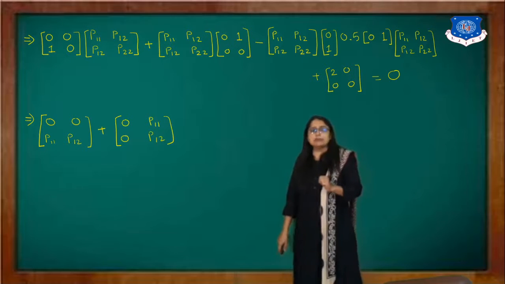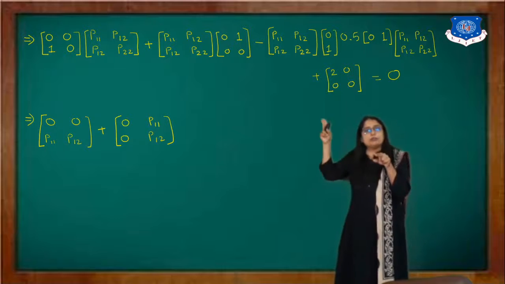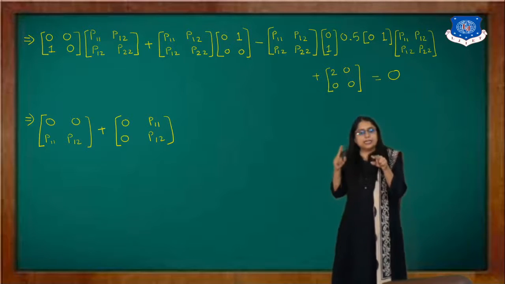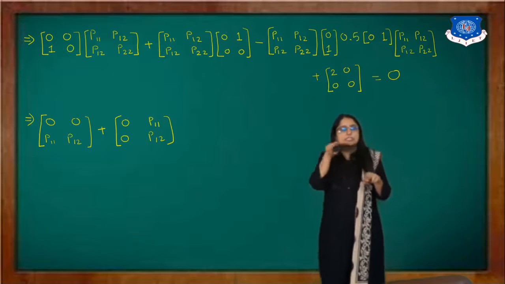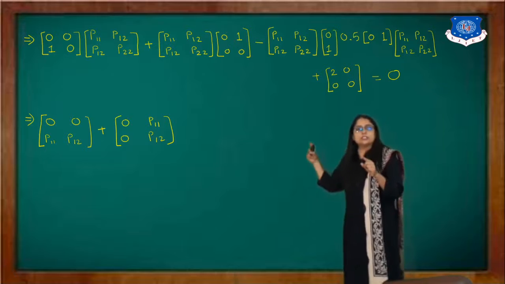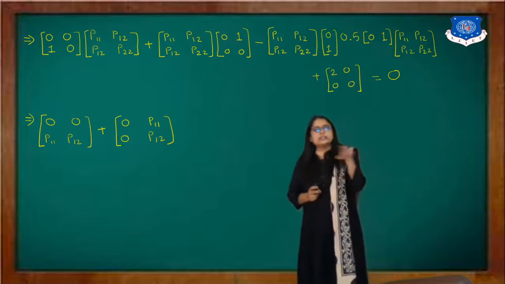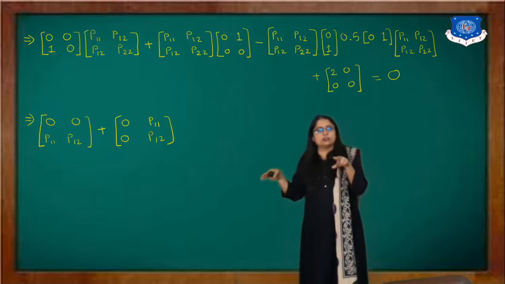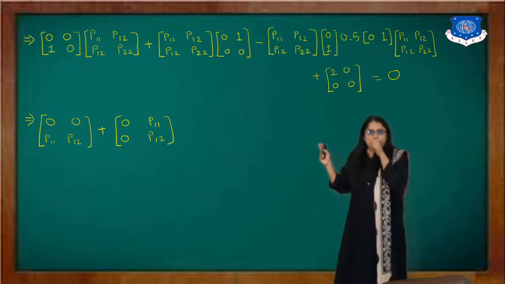For the second element, first row, second column: P11 and 0, so that element becomes P11. For the second row and first column: 0 plus 0, so we get 0. Again, second row and second column: we get P12 plus 0.